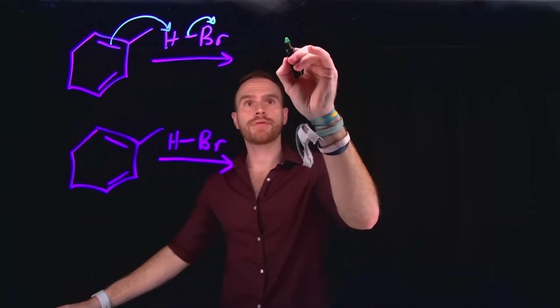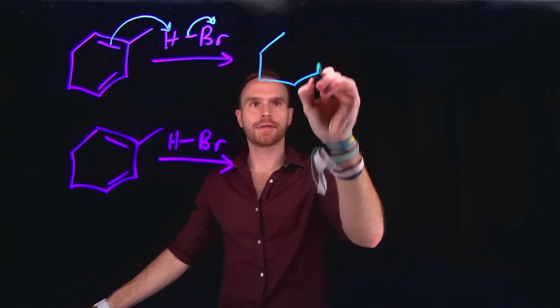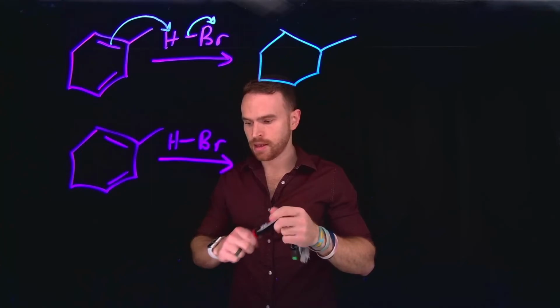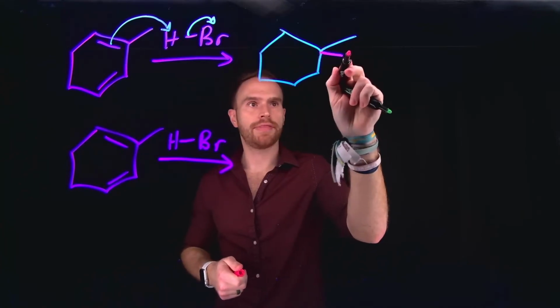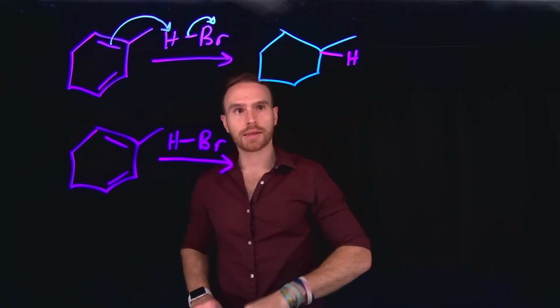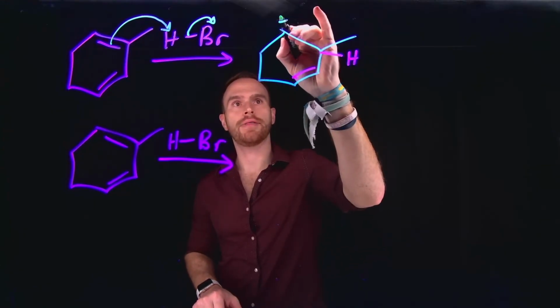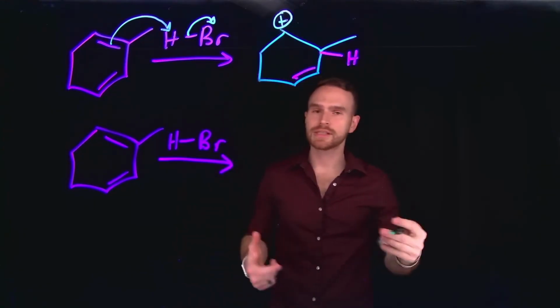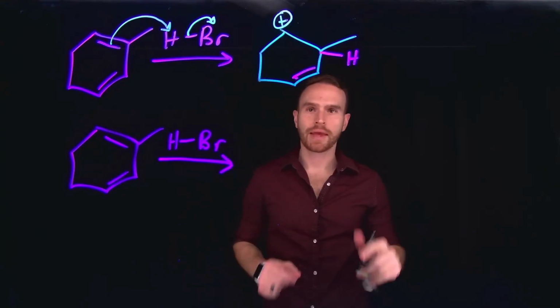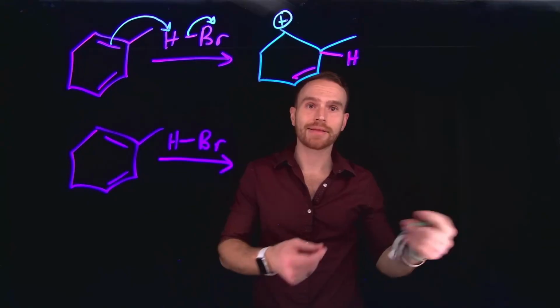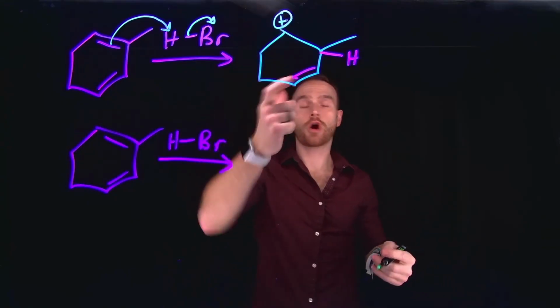However, if the first intermediate that you were to draw contained a proton at this position, leaving behind a carbocation at this position, this is in fact not correct, because you are not creating what is called an allylic carbocation.